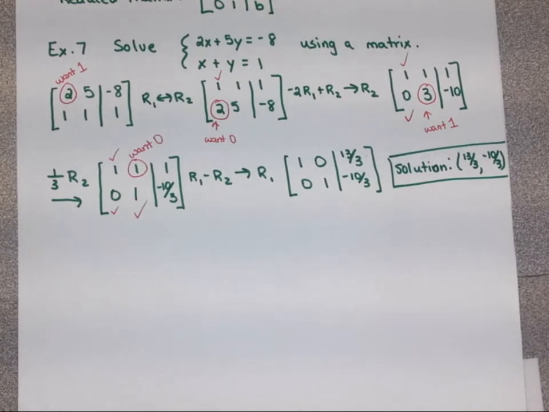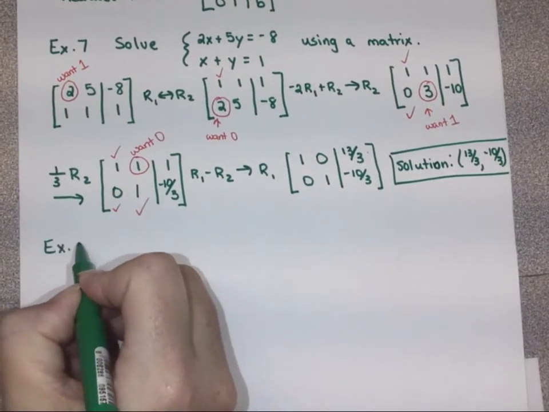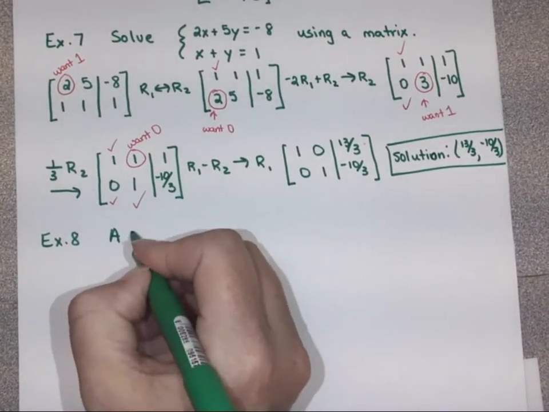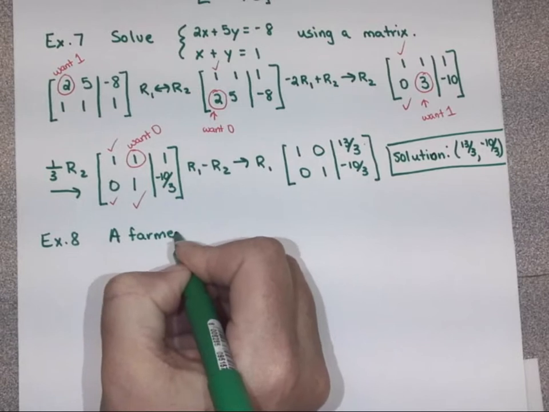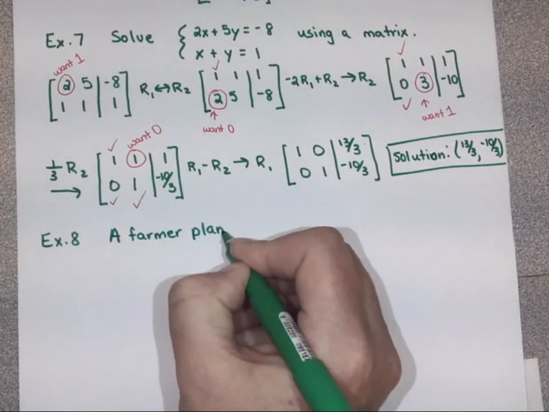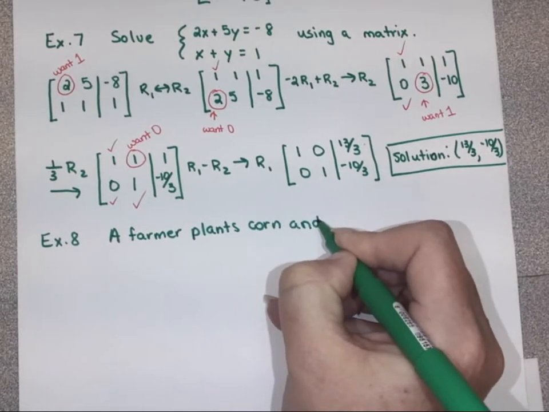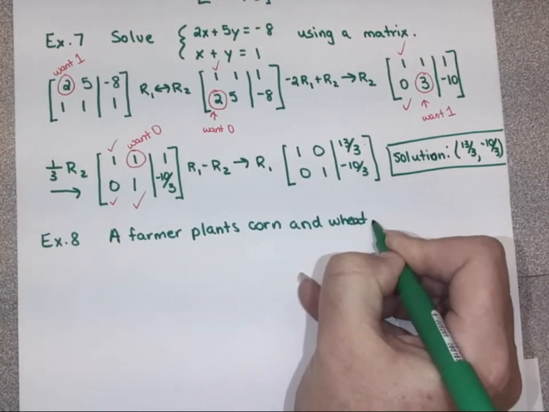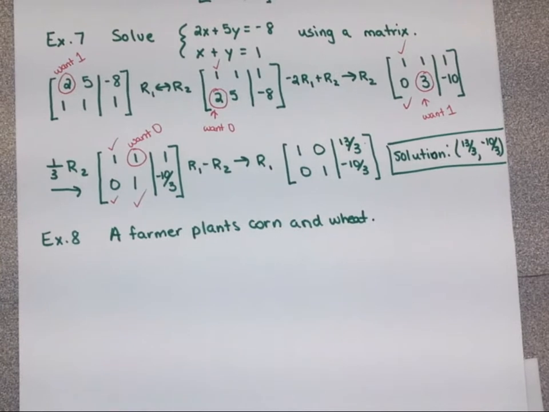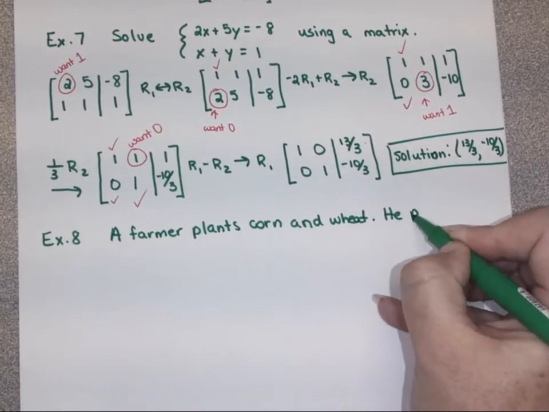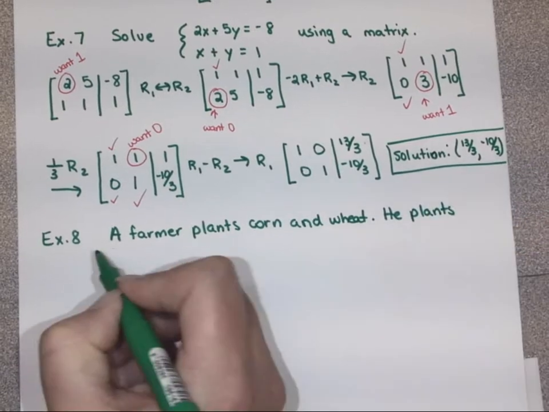Okay, so let's look at a couple of application questions that we're going to use a matrix to solve, because I do want you to be able to set up some word problems on your own. So I'm going to try to keep these brief. So let's say a farmer plans to plant corn and wheat. He only has 500 acres to plant on.